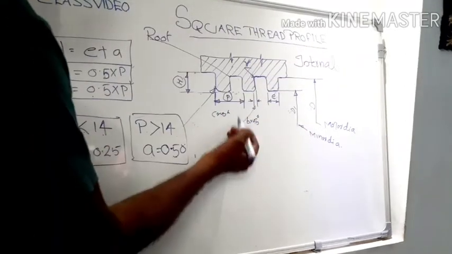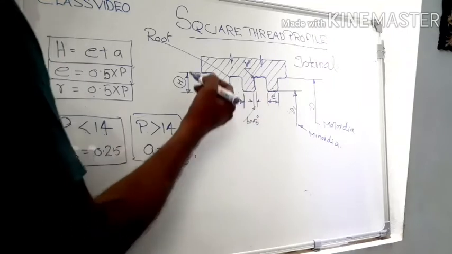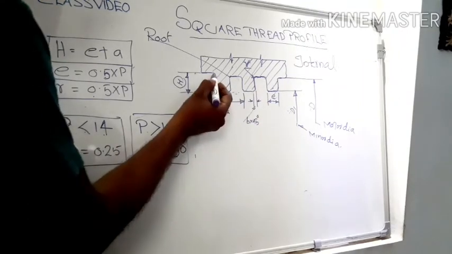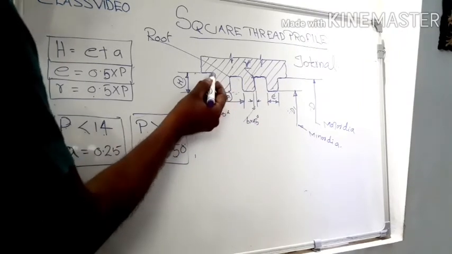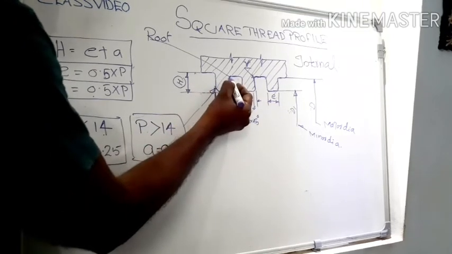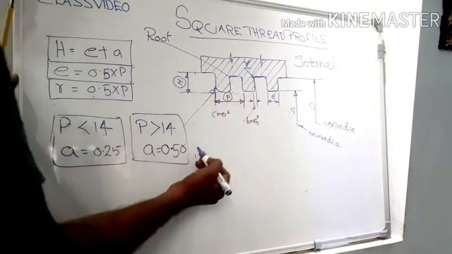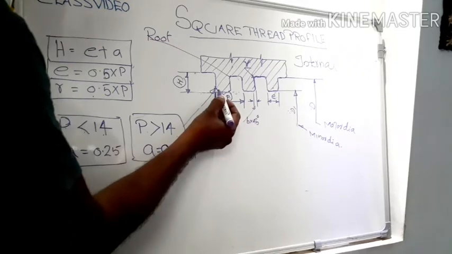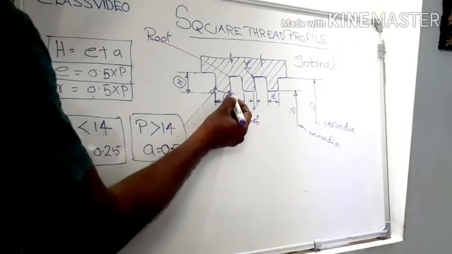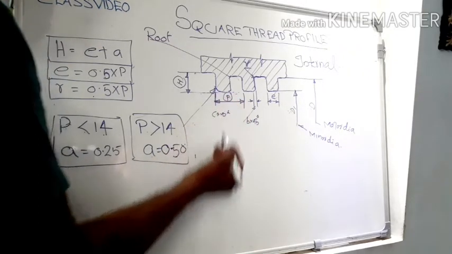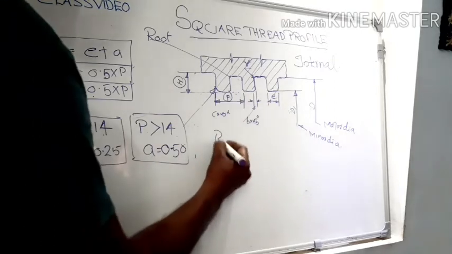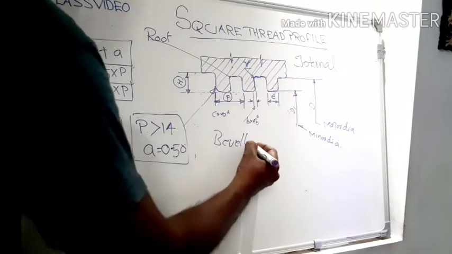In the case of internal square thread, the bottom surface or root surface is rounded in shape, and the edge of the crest part is a beveled edge. What do you mean by beveled edge?